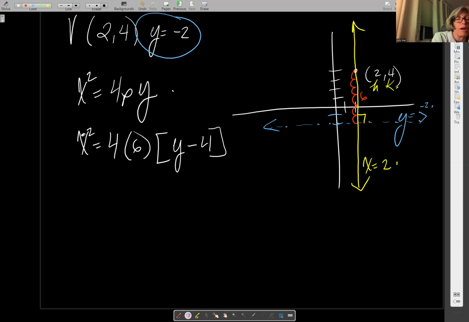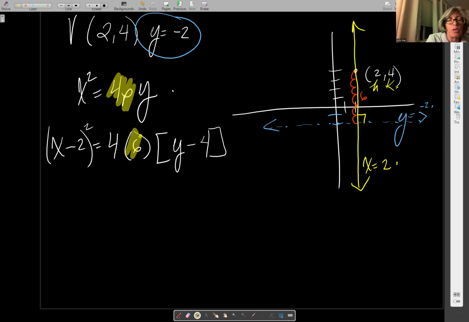And your x squared is going to be x shifted by 2. This is plus 4. All righty, so you put your 4p here, and that's 4 times 6.